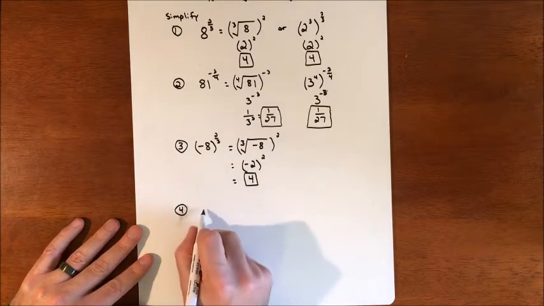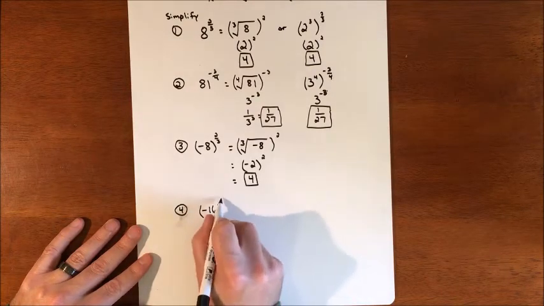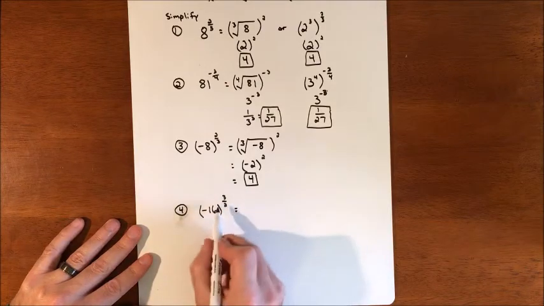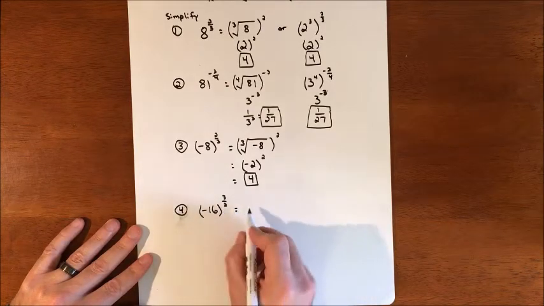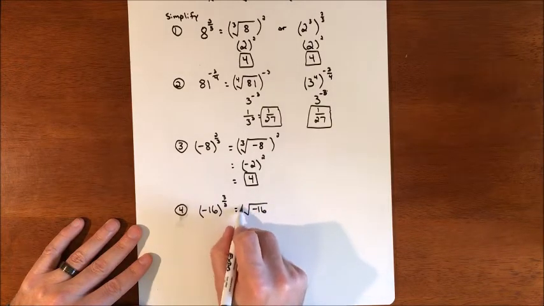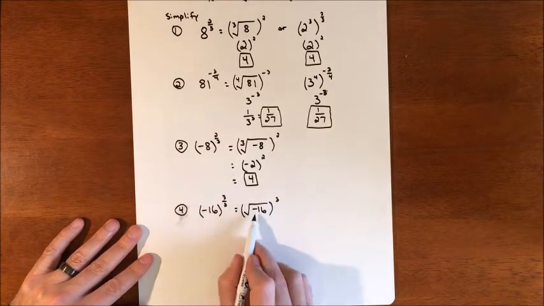All right, if we do another one, if we take negative 16 to the 3/2 power, that is equivalent to a square root. So we are square rooting negative 16, and then whatever that is, we'll cube it. It depends on where you're along, if you've dealt with imaginaries or if you haven't.